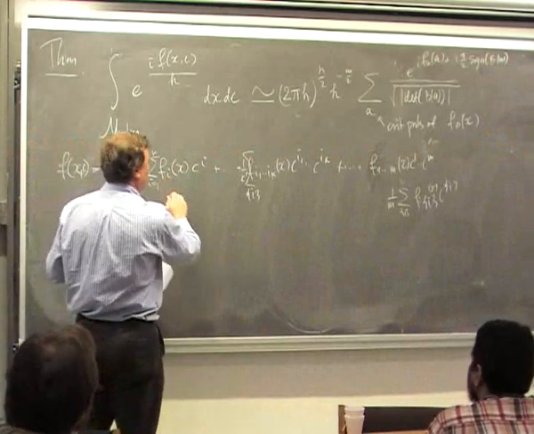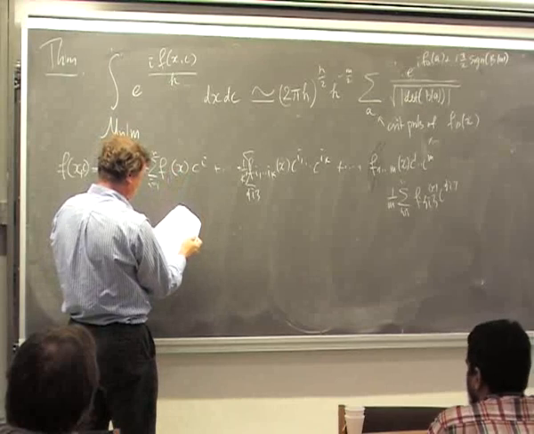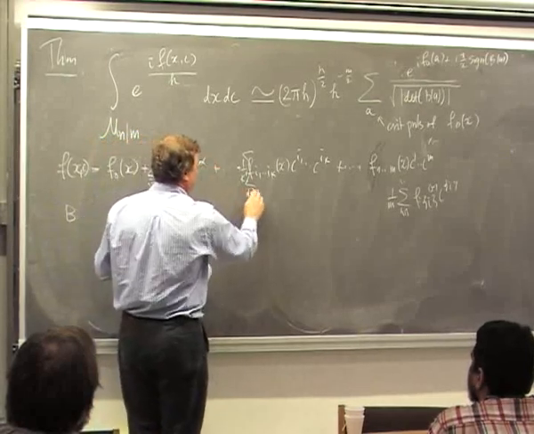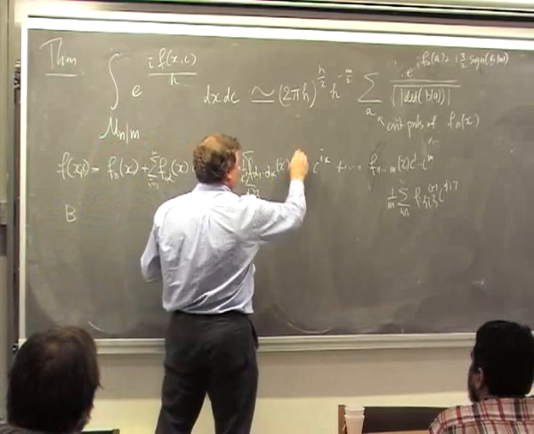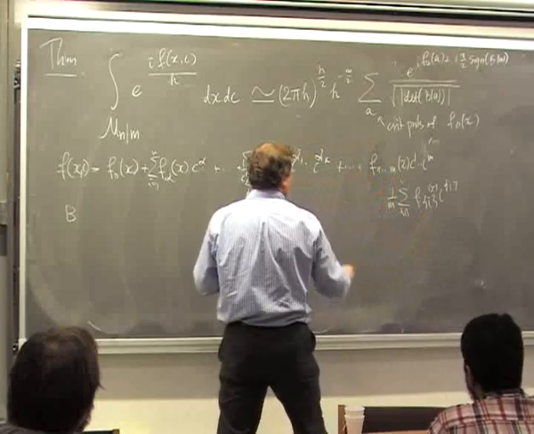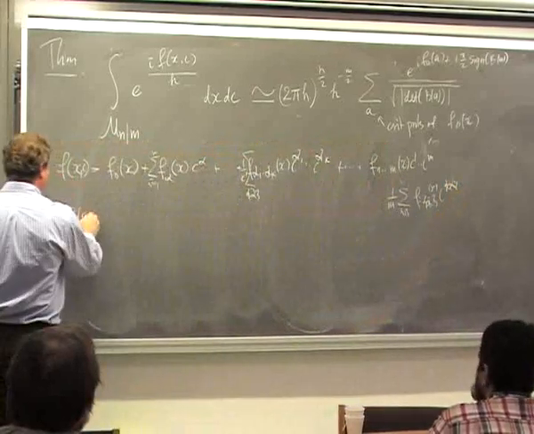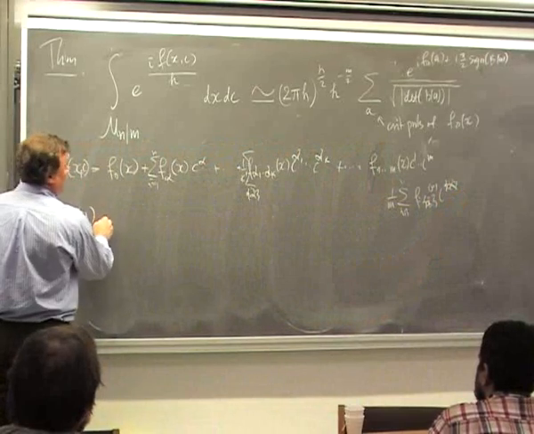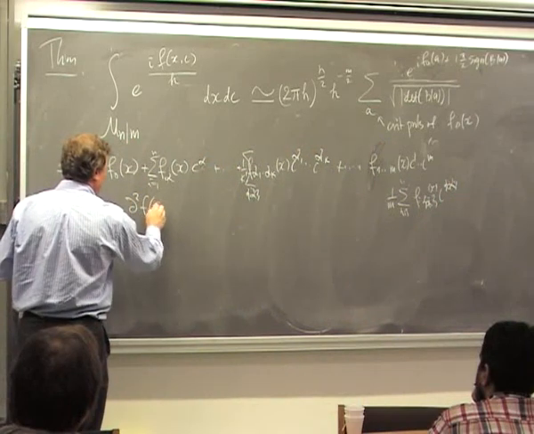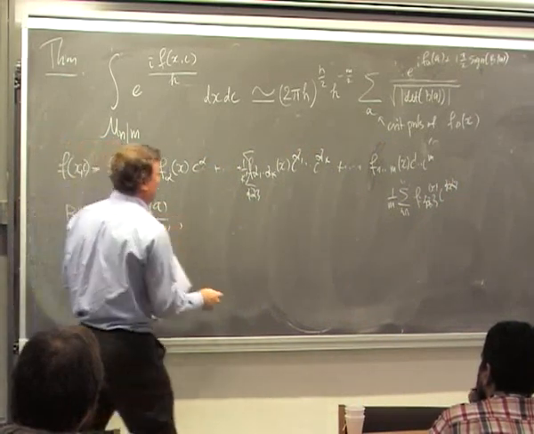maybe I should use here the other indices, maybe alpha and beta, just to distinguish them from the coordinates. So B_ij is just d^2 f_0(a) over dx_i dx_j.